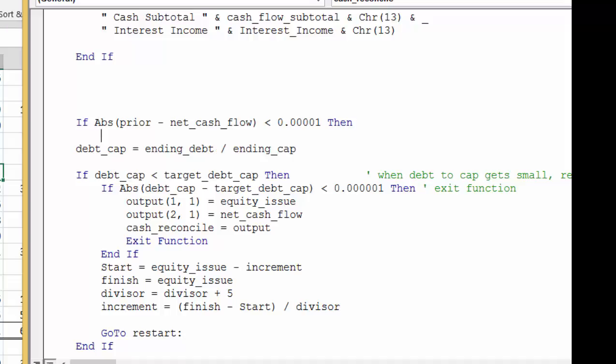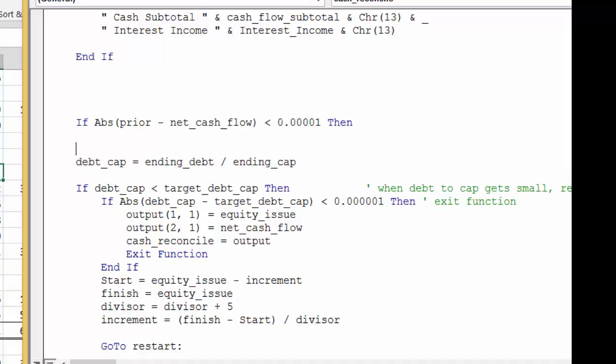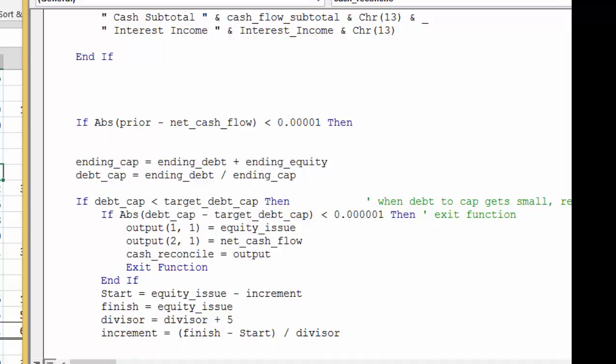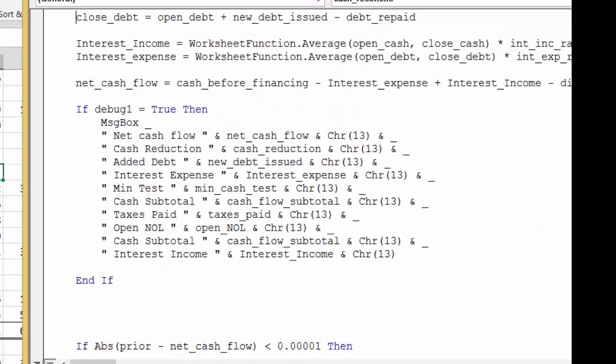So far okay, but ending capital equals ending debt plus ending equity.